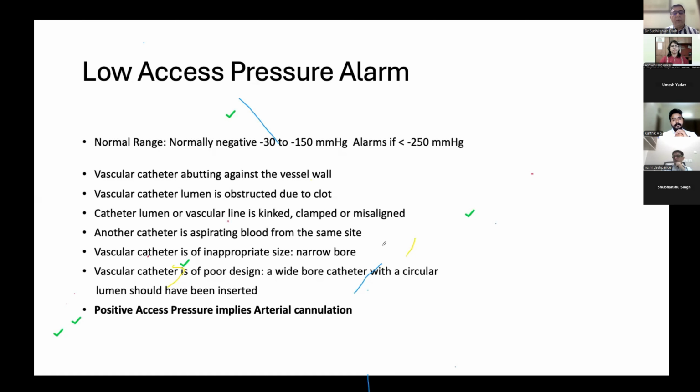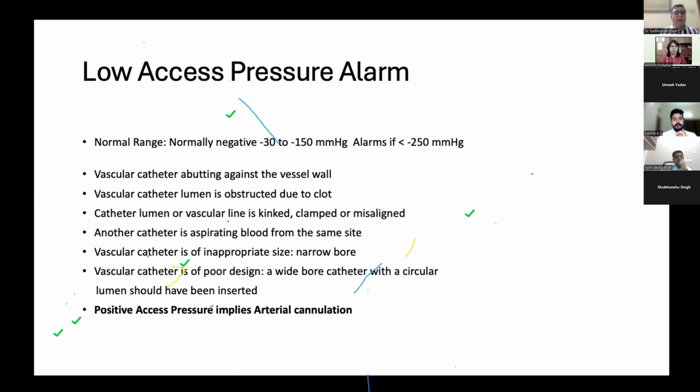And if, let us say in the femoral catheter, you are using a very short catheter, then it causes abutment of the catheter against the vessel wall, which causes intermittent blockage and alarms. So you have to see the appropriate catheter size and diameter.